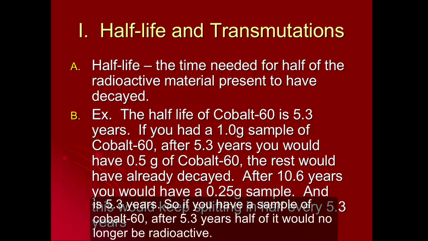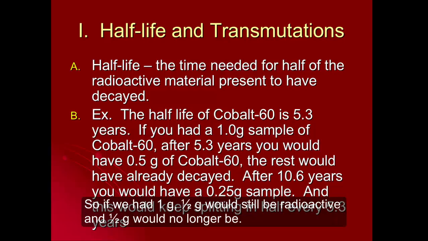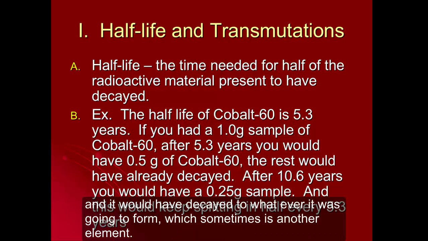So if you have a sample of cobalt-60, after 5.3 years, half of it would no longer be radioactive. If you had 1 gram, a half a gram would still be radioactive and a half a gram would no longer be. It would have decayed to whatever it was going to form, which sometimes is another element.